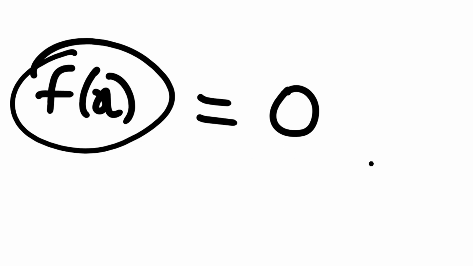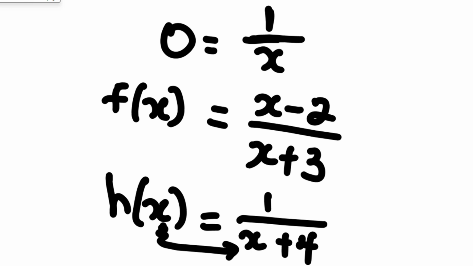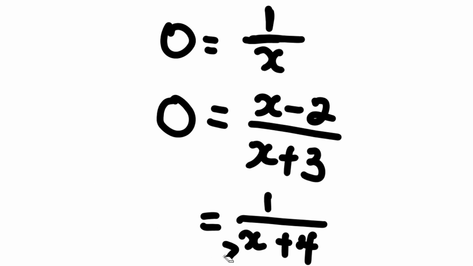You do cross multiplication and solve for the value of the independent variable, or the value of x mostly. So if they ask you to find the zero of this particular rational function, they are basically telling you to remove this, replace it with 0, and solve for the value of x.